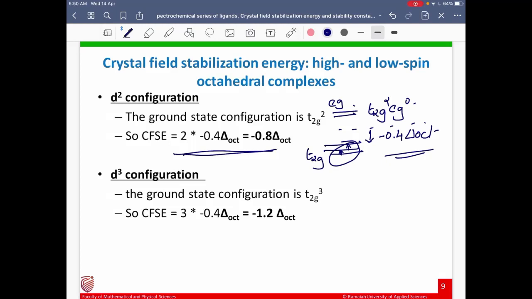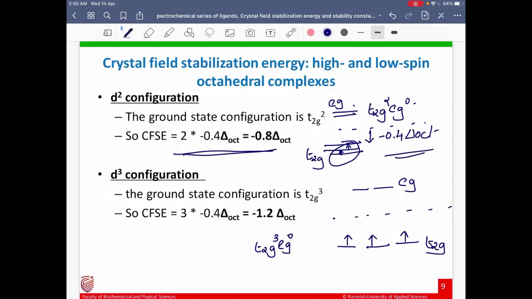Similarly, for a d3 configuration, where the central metal atom or ion has 3 electrons in its d orbitals, in t2g and eg, 3 electrons are present, 1, 2, 3. So we can write the electronic configuration as t2g3 eg0.